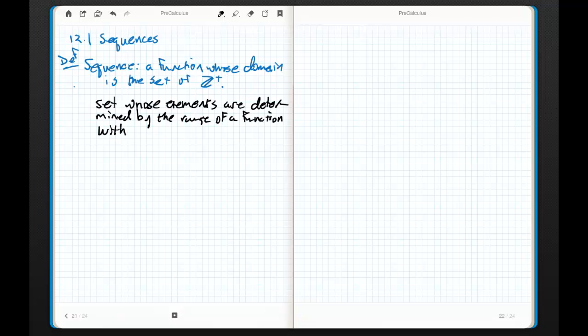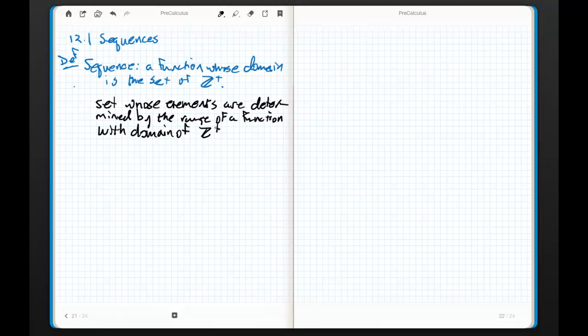And I know that sounds really ticky-tack and kind of wordsmithy, but the devil's in the details, as they say. The function with domain Z positive.